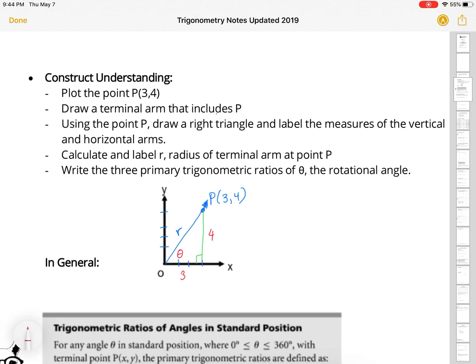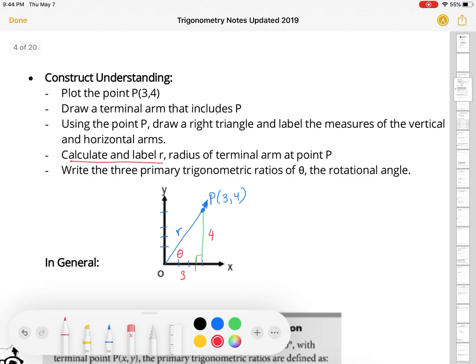So from this, we can determine a lot of information. We've drawn the terminal arm that includes P, and we use point P to draw a right angle triangle and labeled the measures of the vertical and horizontal arms, which were the 4 and the 3. Now we want to calculate and label r, which is the radius.